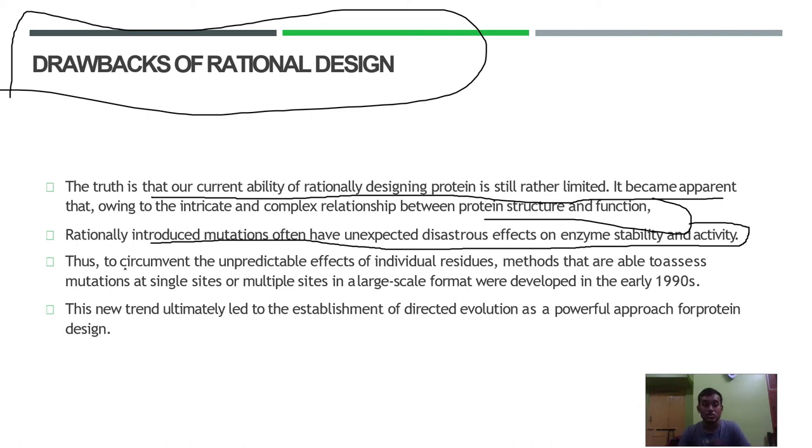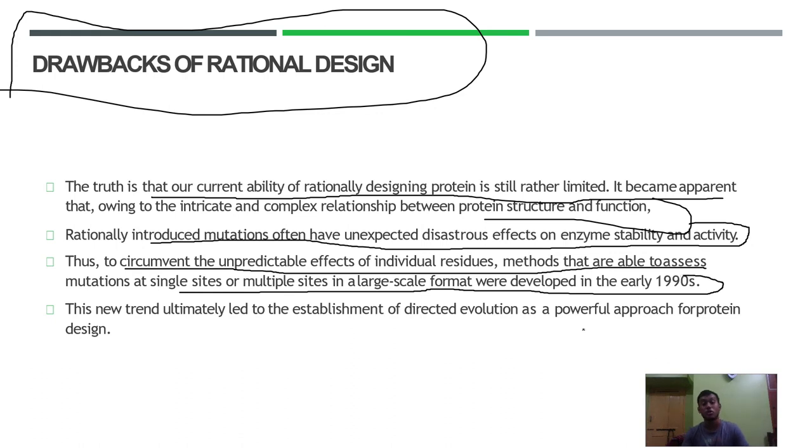Thus, to circumvent the unpredictable effects of individual residues, methods that are able to access mutation at single sites or multiple sites in a large scale format were well developed in the 1990s. So it was long before that these were developed. This newer trend ultimately led to the establishment of directed evolution as a powerful approach for protein design.